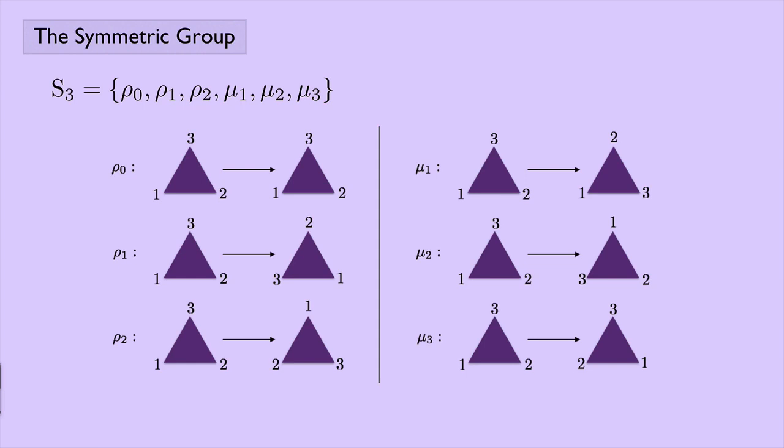The identity just leaves everything alone. Rho 1 rotates everything once around. Rho 2 rotates everything again once around. Mu 1 leaves 1 alone and flips 2 and 3, so it flips across the axis bisecting that angle at 1. And then similarly for mu 2 and mu 3.